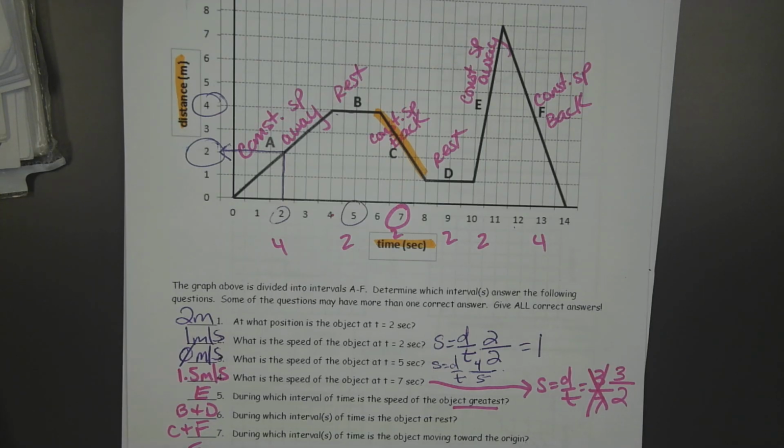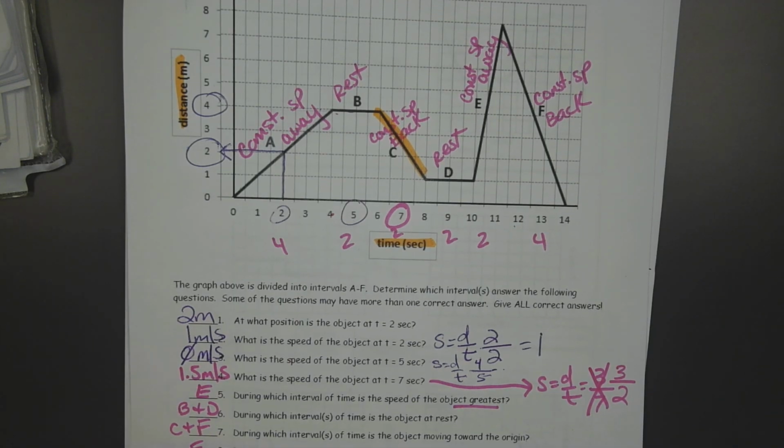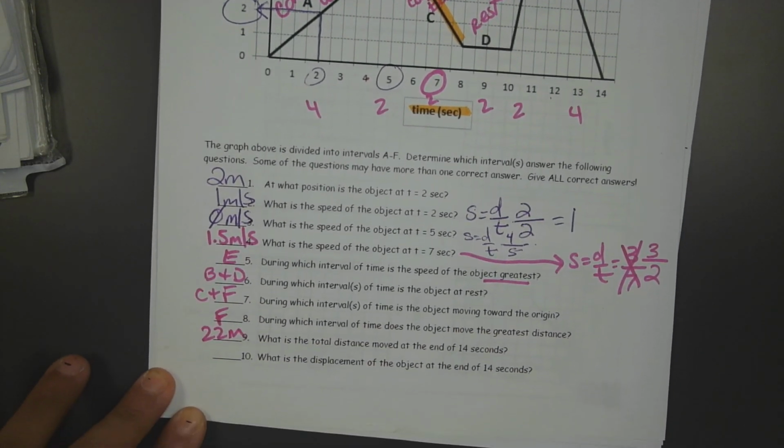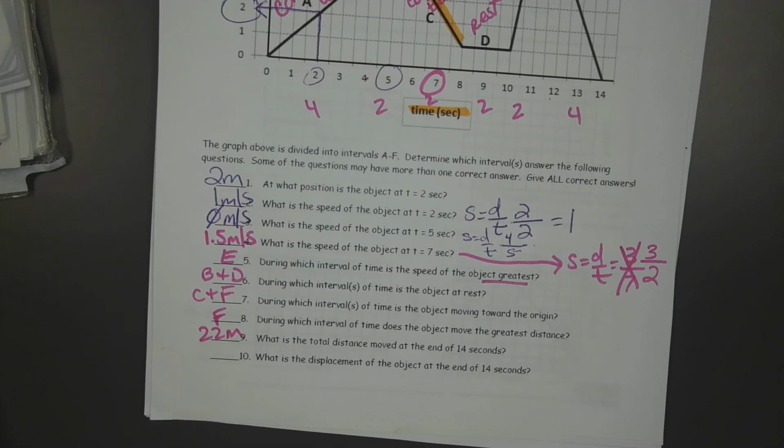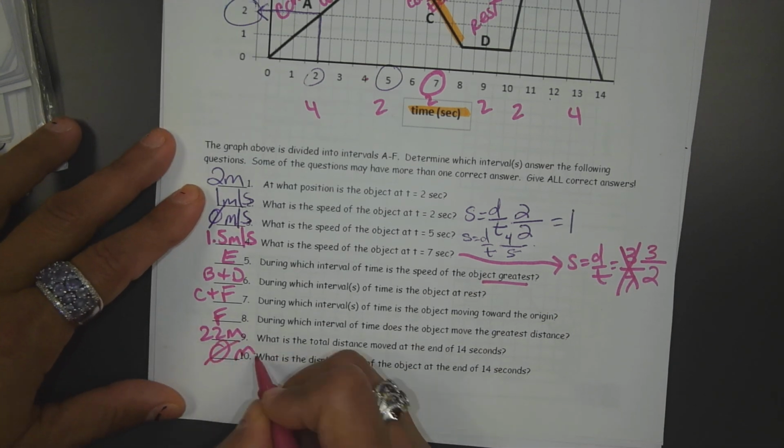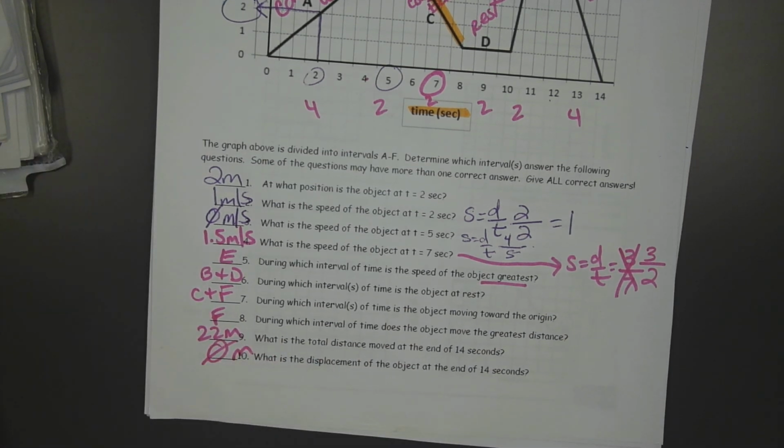Hopefully, you got the total distance of, tell me if I'm wrong, 22 meters? 22 meters, right? And then the last one says, oh, wait a minute. What is the displacement? And that answer is 0 meters. Not that it did not move, but that it moved back to the origin or back towards home. All right? So just double checking on that one.